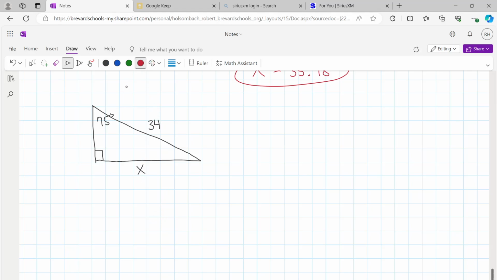All right, again, I'm labeling the sides. Our variable is opposite. Our side given is hypotenuse. Opposite and hypotenuse is sine, so sine 75 equals the opposite side over the hypotenuse.